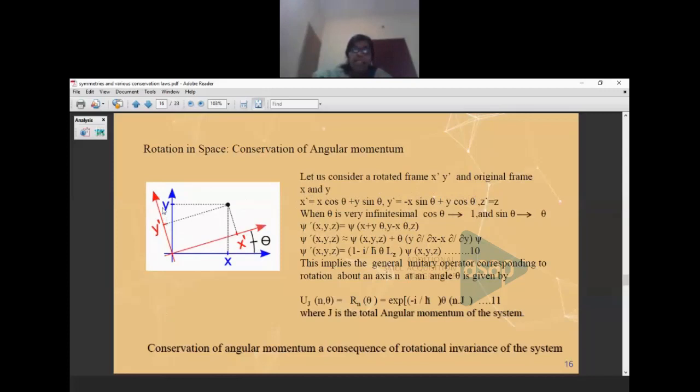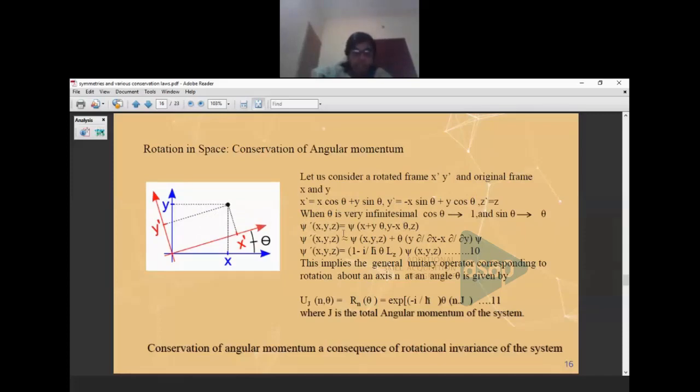This should not be difficult because it is the basic notation which we already know from vectors and matrices, arranging this rotation matrix. Now here, what we will use is that θ is very small, infinitesimal. So when θ is very small, cos θ goes to 1 and sin θ goes to θ.